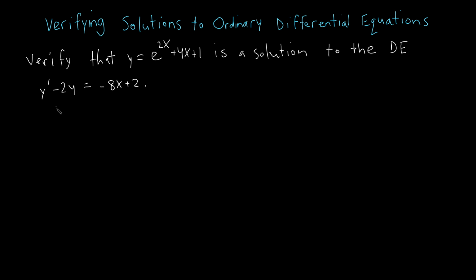So here we only have one derivative, so this is our differential equation, this whole thing, and then this is the equation we're seeing if it's a solution to this differential equation. So we need to take the first derivative of this. So I'll put it over here, y prime.